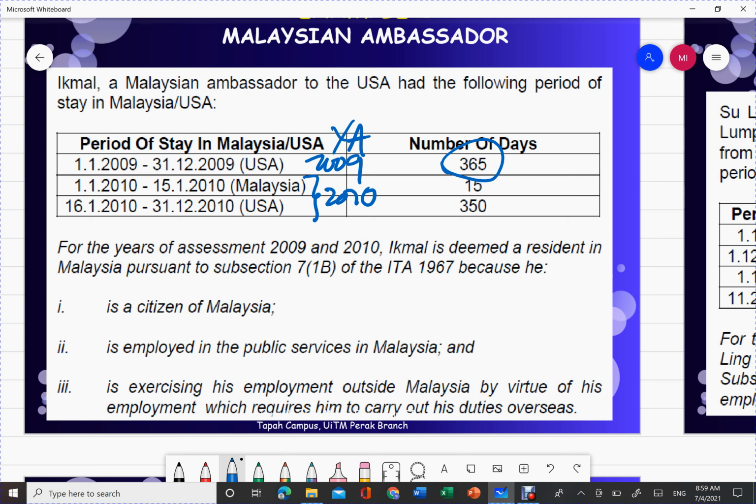He was not present at all in Malaysia. We are checking for Malaysia, not the US. For Malaysia, he had zero days. In 2010, he was in Malaysia for only 15 days, and the rest of the time in the US.